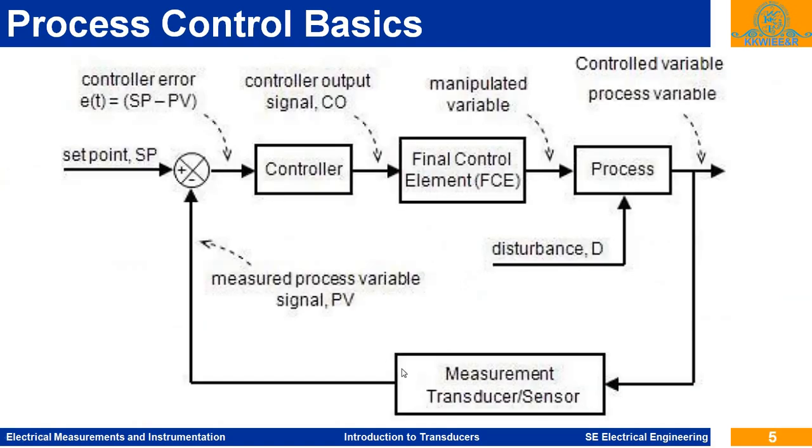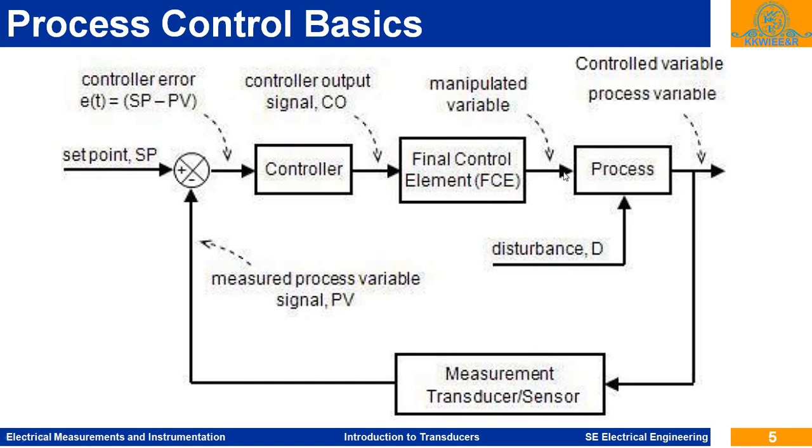Again, the detailed closed loop system is given here. Set point, controller, error. This error is amplified, which will give the controlled output. Then this is the final control element. In our case, the control valve is the final control element.